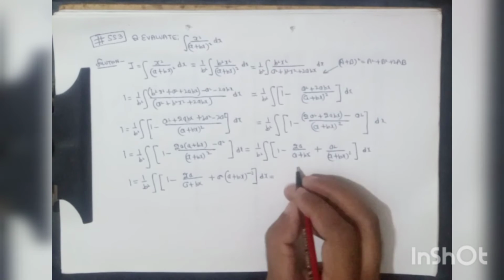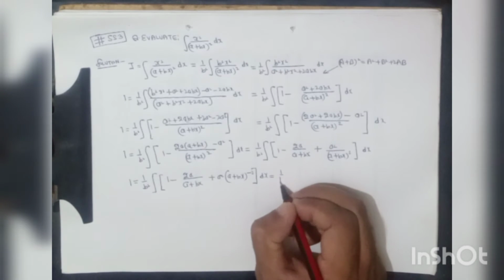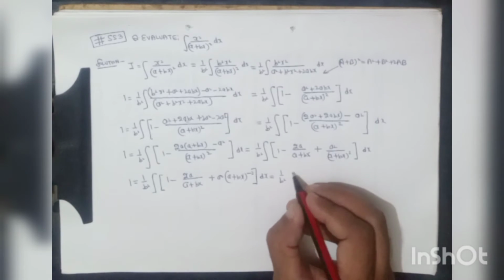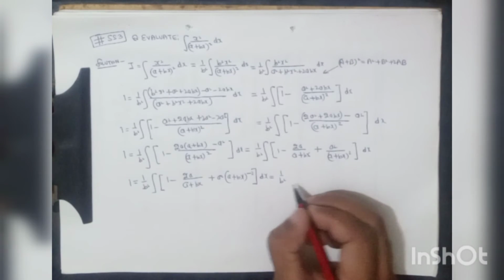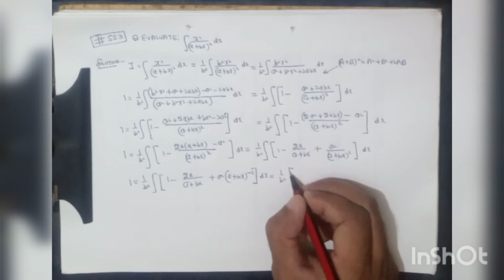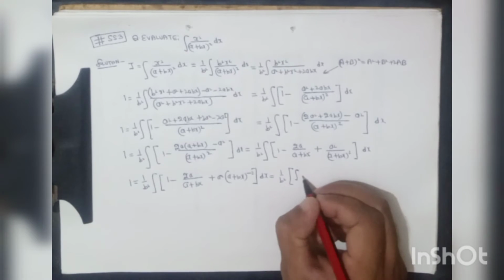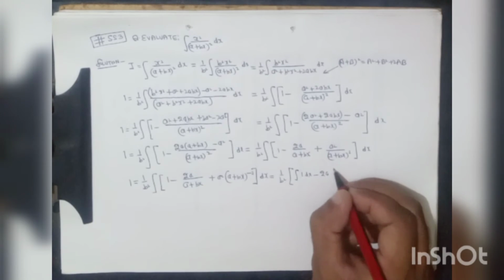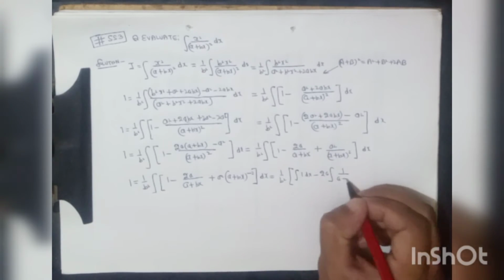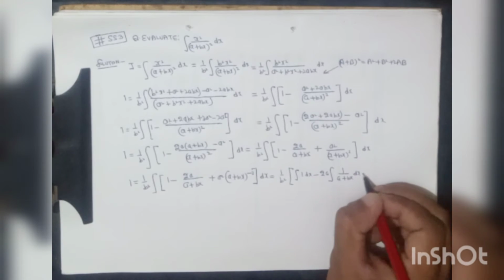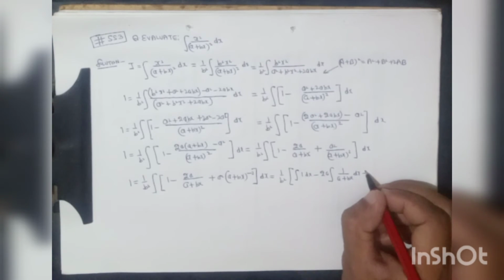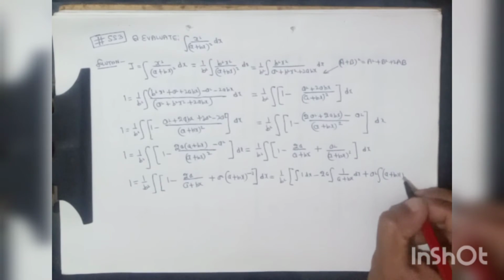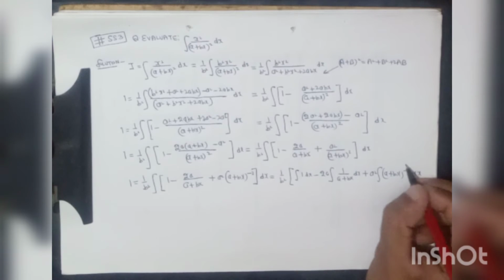So this may be written as 1 upon b square integration of 1 into dx minus 2a integration of 1 upon (a plus bx) dx plus a square integration of (a plus bx) to the power minus 2 dx.